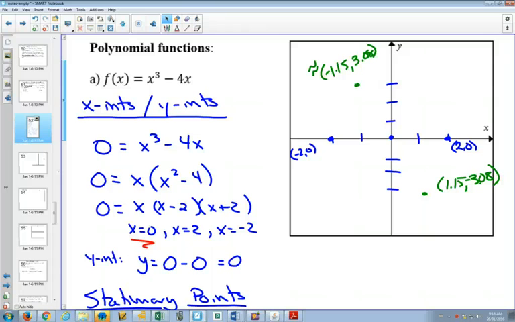And so now we have all of our points labeled. We have our maximums and our minimums, we have our x-intercepts, and we have our inflection point, which also was an x-intercept from before.